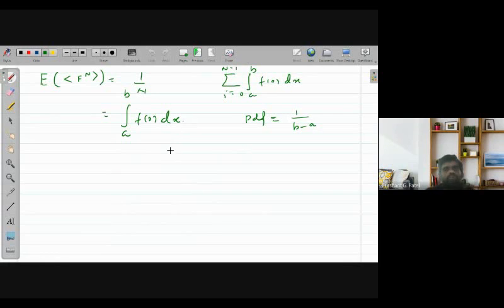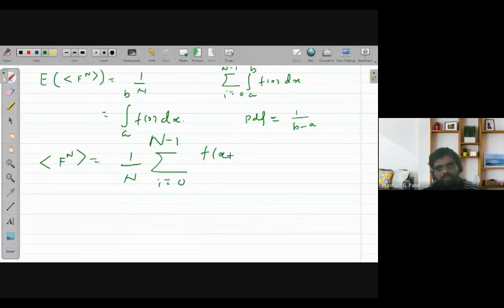So in the generalized form of this integration, one can say that this function F_n is 1 upon n, summation i running from 0 to n minus 1, f of xi upon PDF of xi.